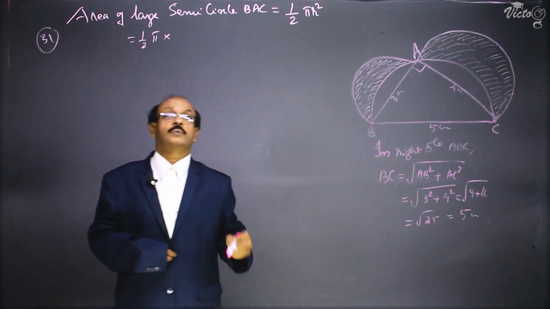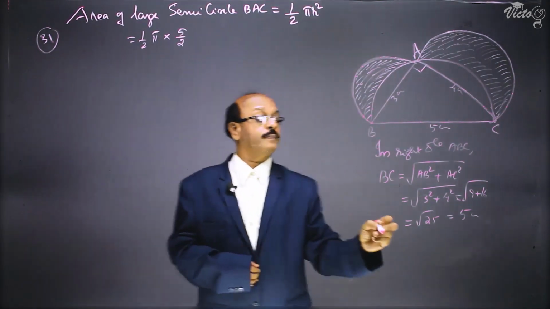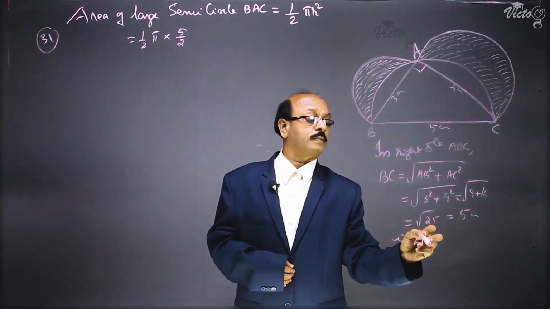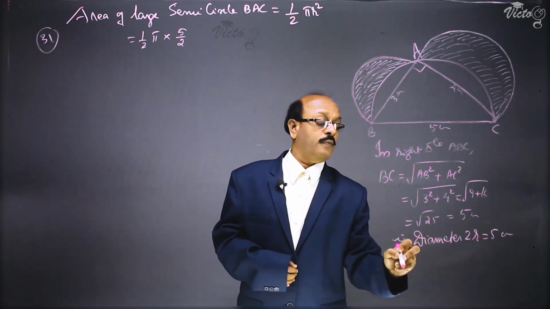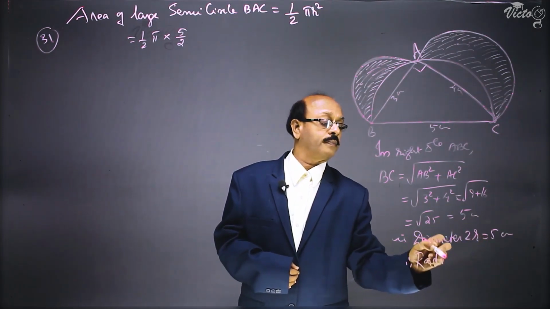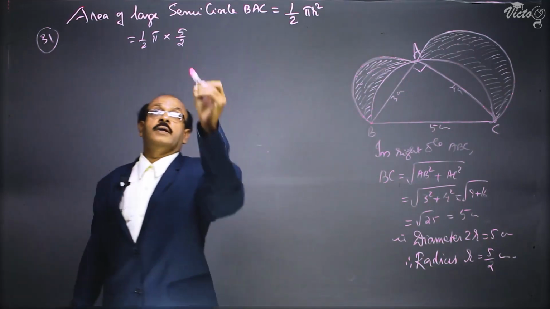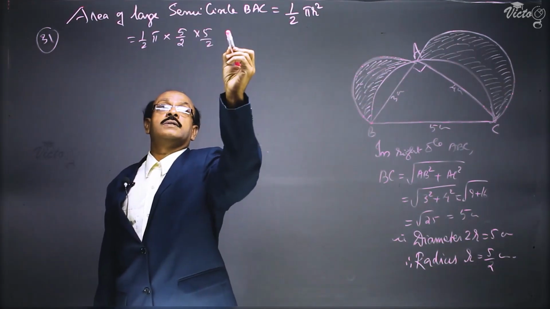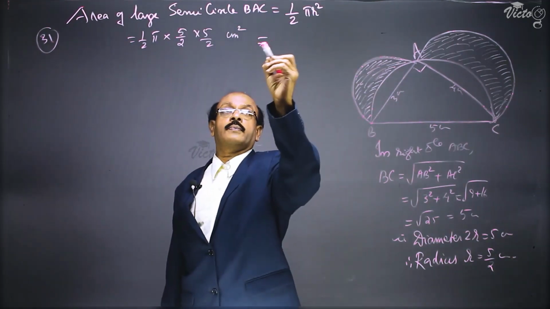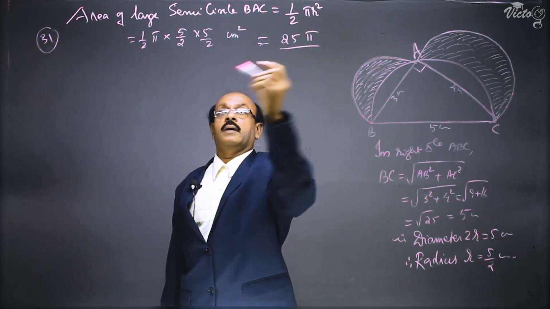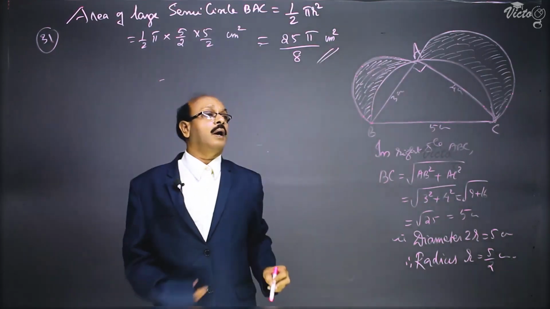Since BC is the diameter, 2r is equal to 5 centimeter. Therefore, the radius r is equal to 5 by 2 centimeter. Half pi into 5 by 2 into 5 by 2 centimeter square, which is equal to 25 pi divided by 2 into 2 into 2, which is 25 pi by 8 centimeter square, the area of the large semicircle BAC.